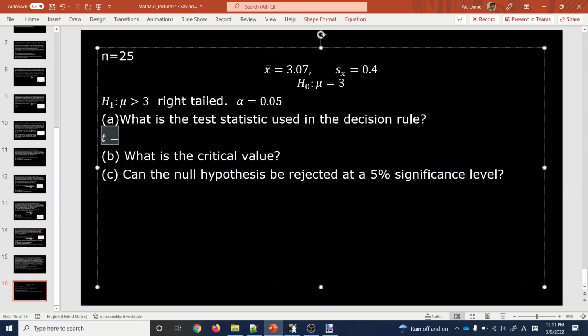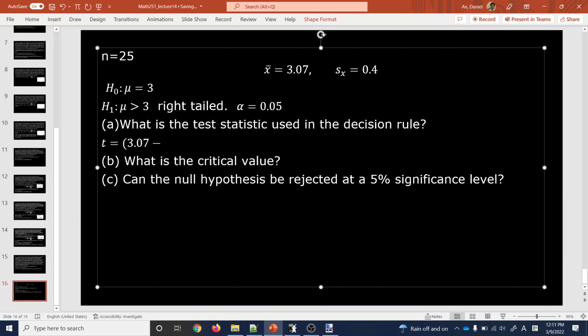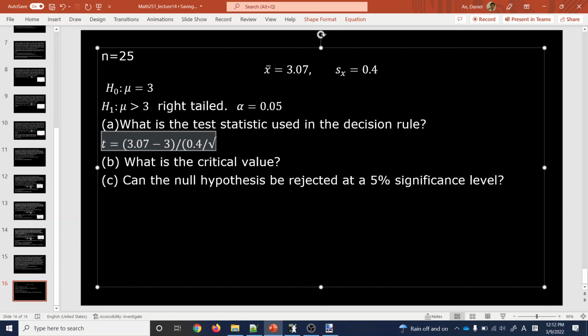So t would be 3.07 minus the H0's assumed mu, which is 3, divided by 0.4 divided by the square root of 25.